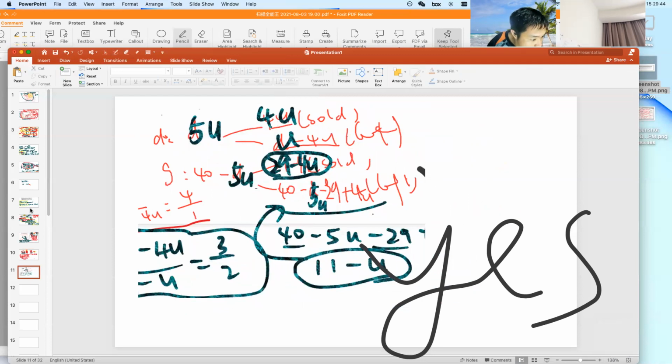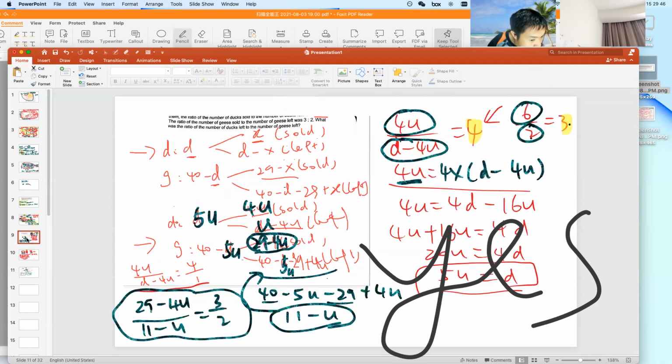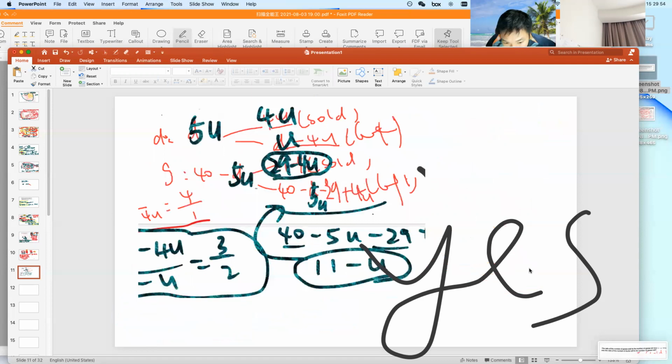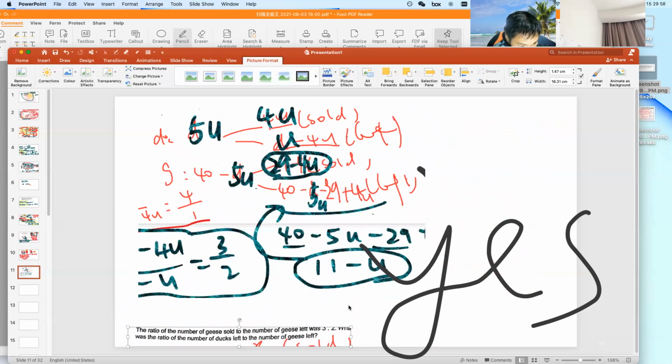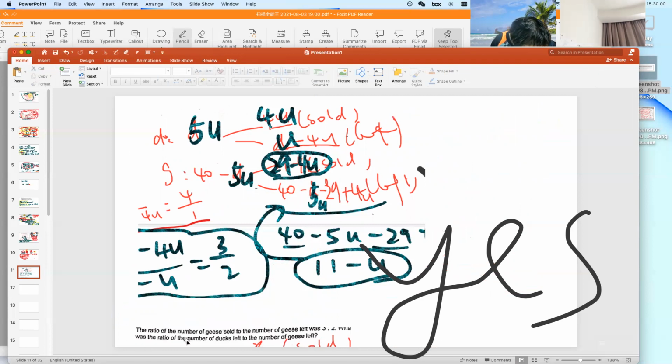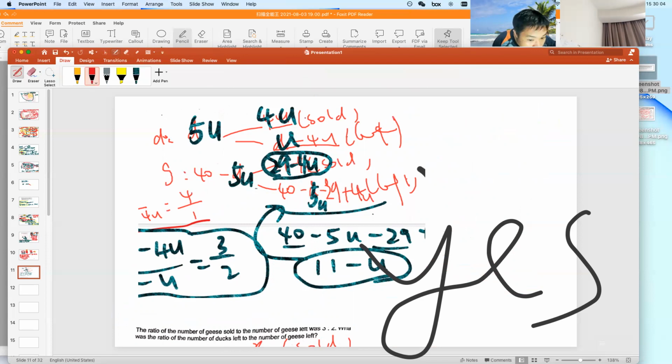So the question is asking, let me get the question over also. So the question is asking for the ratio of the number of ducks left. So ducks left is here.